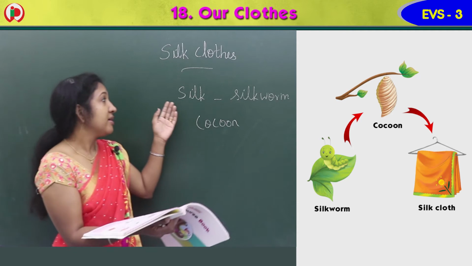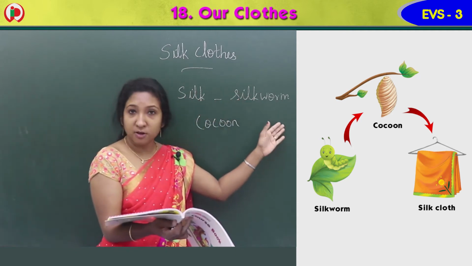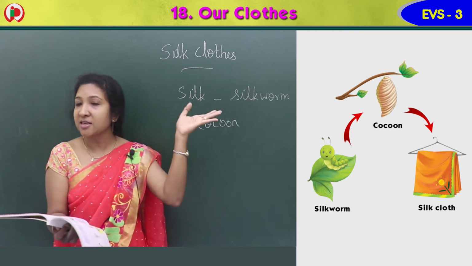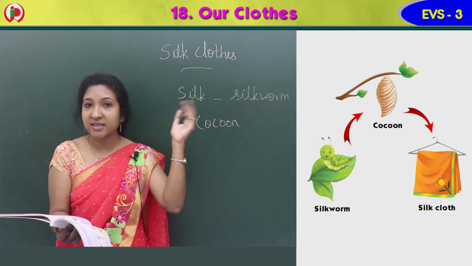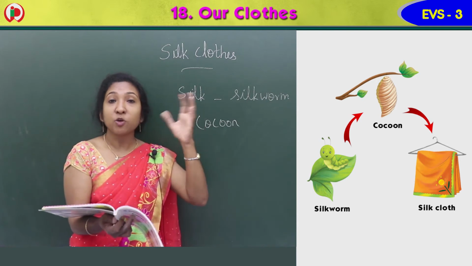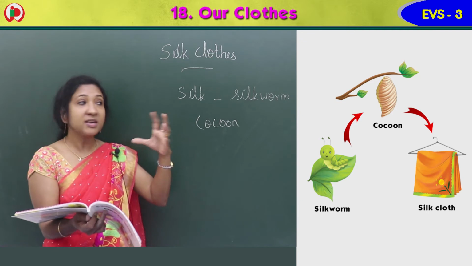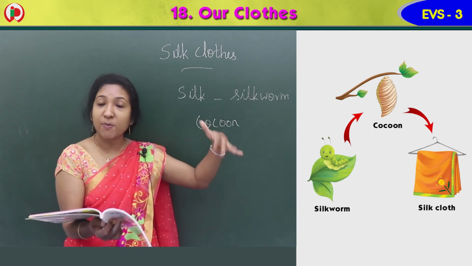Okay. So silk we get from the silkworm. They feed on mulberry leaves. You can see the image of the silkworm on mulberry leaves here. Then from the cocoon we take the silk. A cocoon is a protective covering of a silkworm, a silky covering.